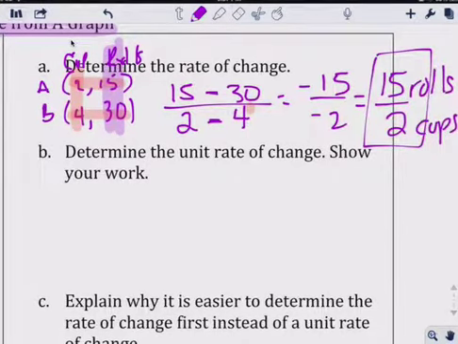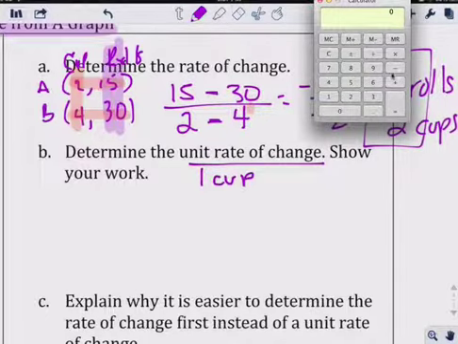Determine the unit rate of change. That means 1 cup. How many rolls does 1 cup make? So if you got 15 rolls for 2 cups, let's go ahead and use the calculator to find out how much 1 cup makes. Well, if 2 cups makes 15, we just divide 15 divided by 2.